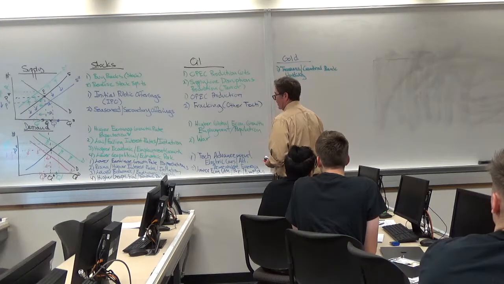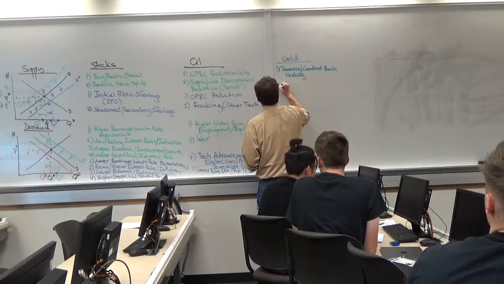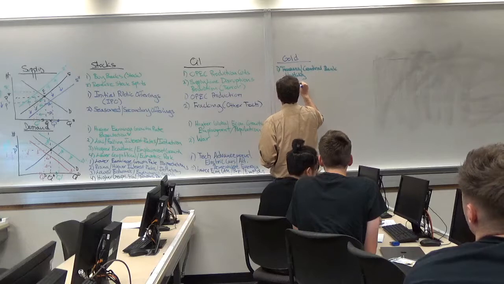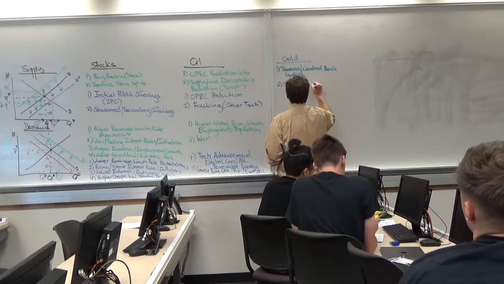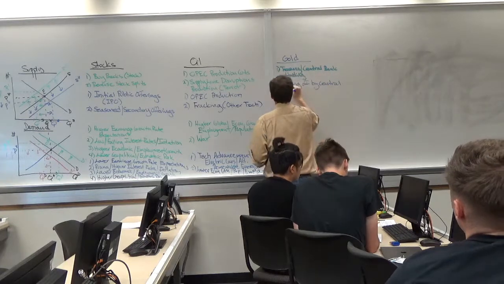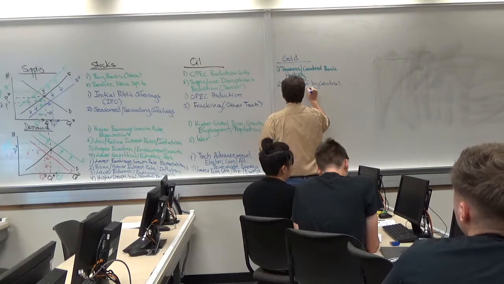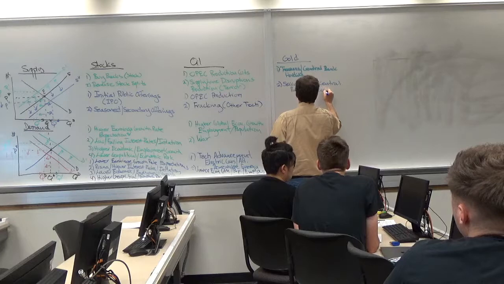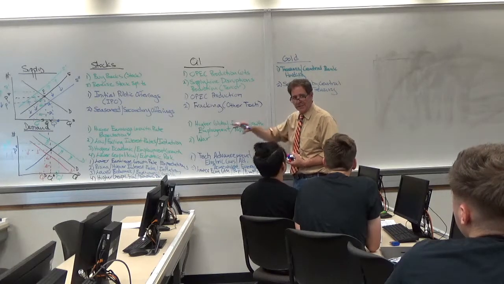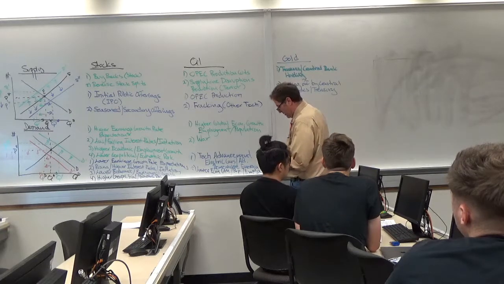What would cause the supply curve to shift out? Can you think of anything? So selling off by the banks is going to inject supply into the market.